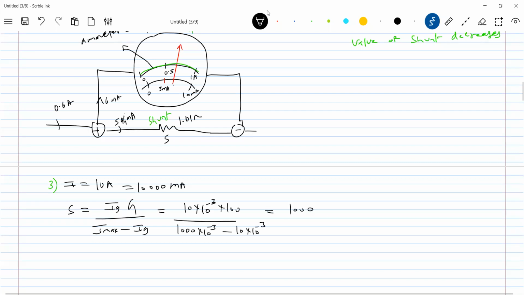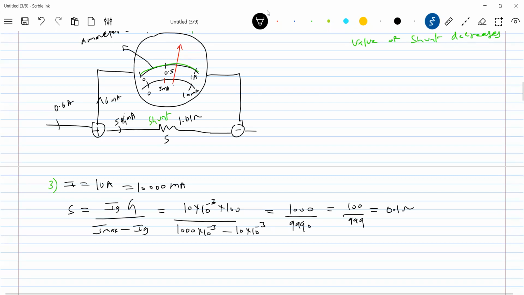So this will be 1000 by 9990, 100 by 999. So this will become less than 1 ohm, about 0.1.